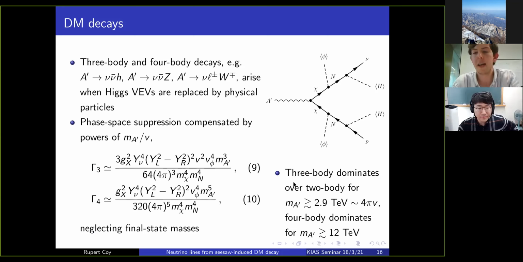But when you replace it with a physical particle, instead of V, you get the typical momentum of the process, which is the A prime mass. And so if A prime is a lot larger than V, then this ratio, MA prime over V, compensates for the phase space suppression.